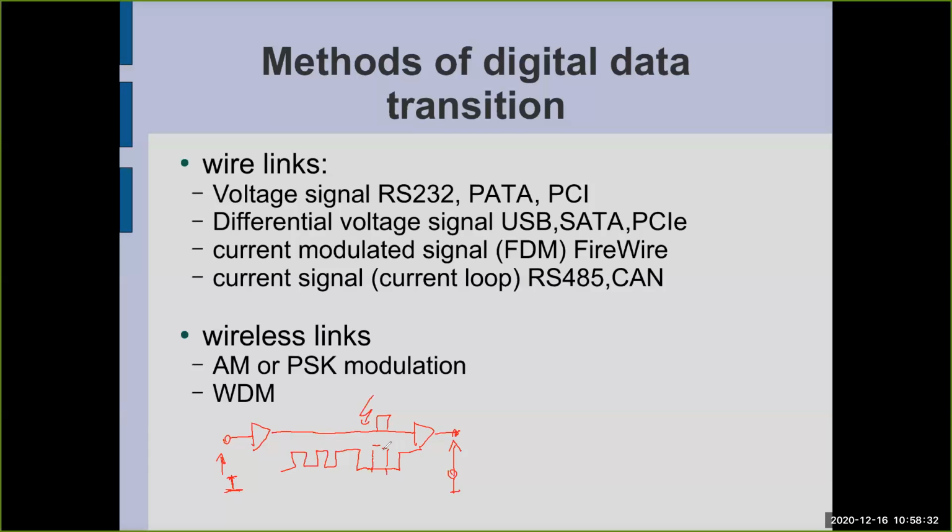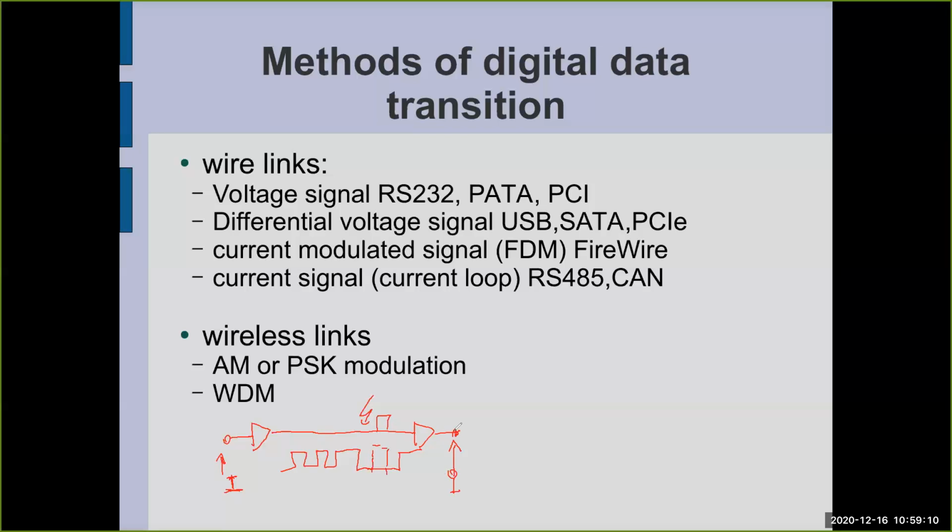So it may falsify it, and a new bit will be observed. This is very typical for voltage interfaces because the input impedance of the receiver is high. So we send data, and only a low current is required to send data using this method.